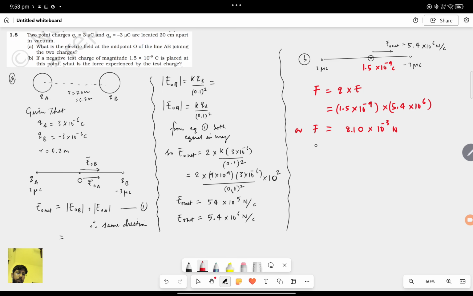So the net force acting on the given charge at O is 8.1 into 10 to the power minus 3 Newton, and that is the answer, right?